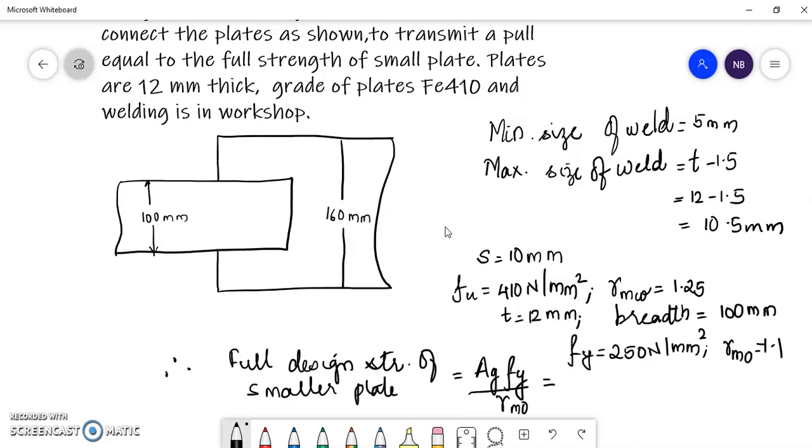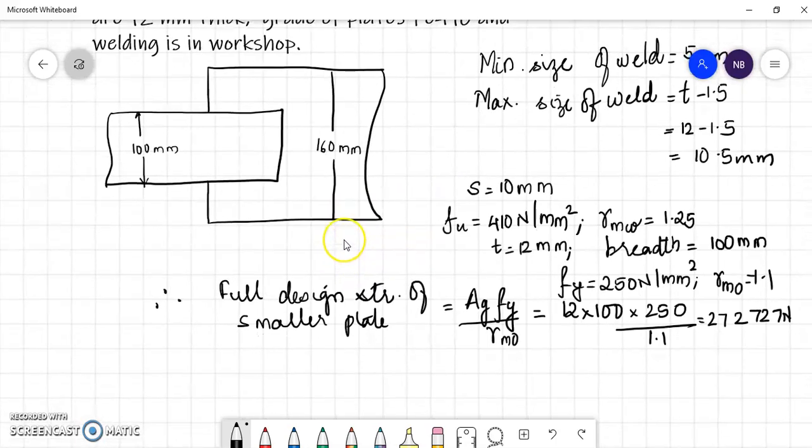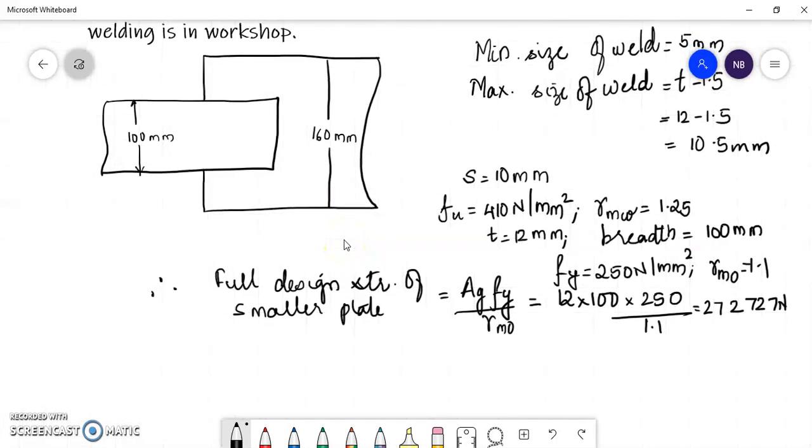So substituting, gross area would be the thickness into the width, 12 into 100, into Fy, 250, divided by 1.1. This is equal to 272,727 Newton. So that means we have to design the fillet weld to take this much of force.